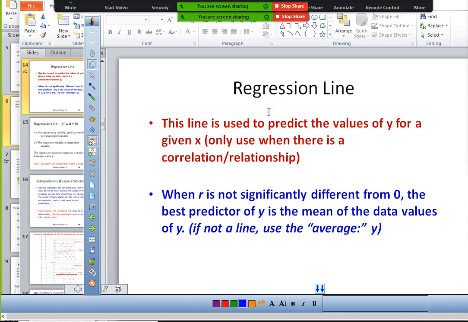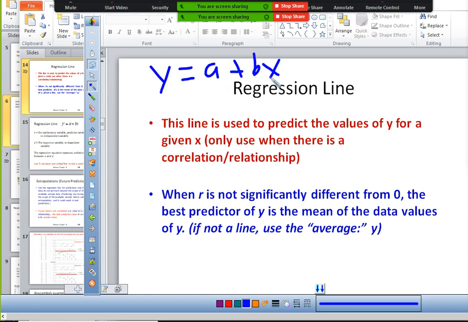So you have that linear regression line, right? Y equals A plus BX. And for any X, you can put that in and predict what the Y should be. But you should only use it when there is a correlation. In other words, you should only use it when you reject H naught.